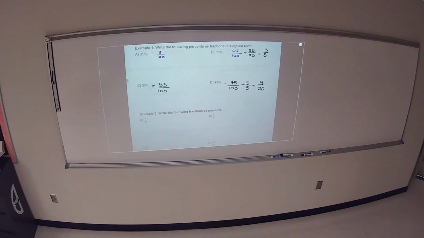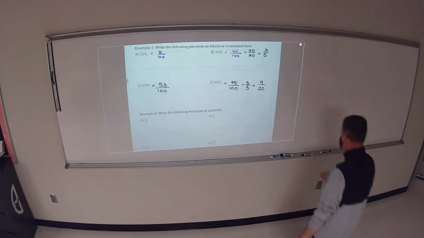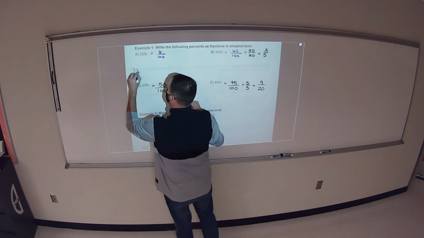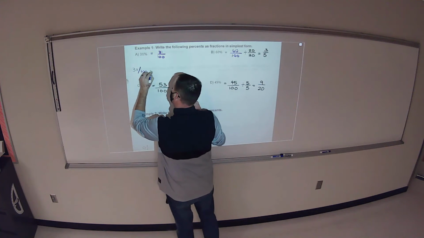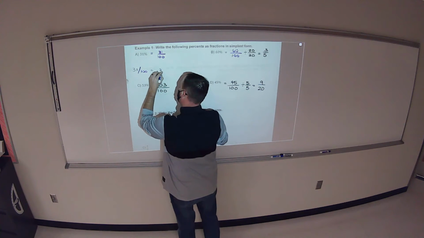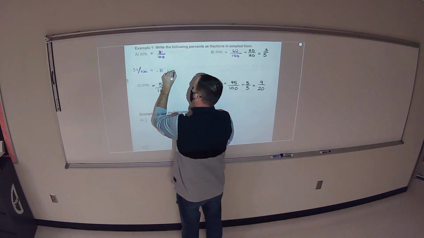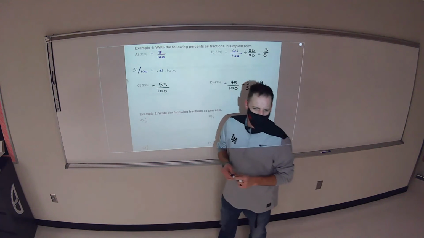Now you might say, what's this got to do with anything? Okay? Well, when I take 31 and I divide by 100, we said we get 0.31. Okay? Quick question. What happens when I multiply that by 100? What happens when you multiply any number by 100?